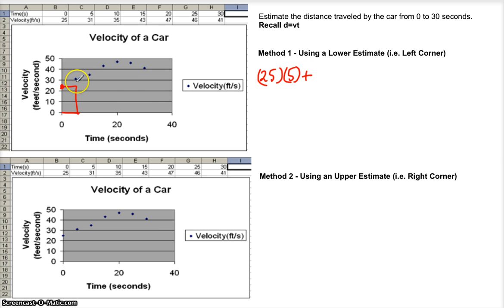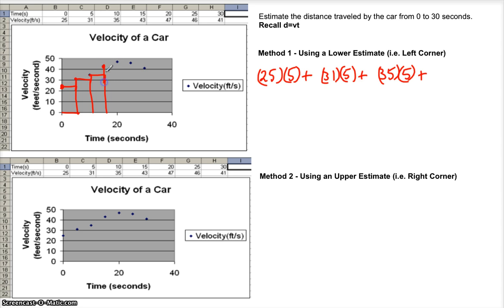And we're going to continue this process here. We're going to take this data point as our left corner, draw a rectangle, and we're going to multiply 31 times 5. And moving on, this one here will be our left corner, straight down this time, 35 times 5.